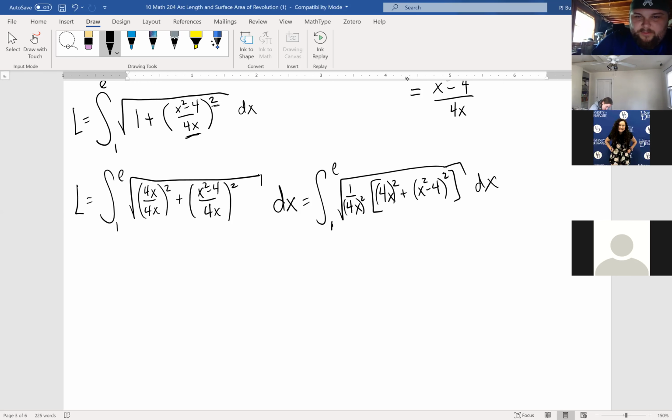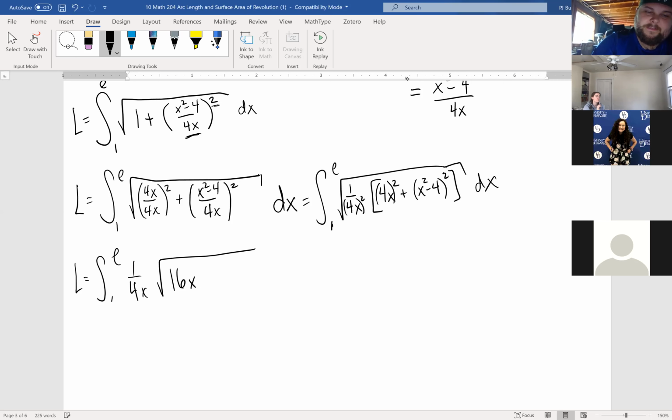Which means the square root of a quantity squared can get pulled out. So I can take out that 4x squared. And it just becomes a 4x outside. And then on the inside, I've got 16x squared. Then I'm going to get x to the 4th minus 8x squared plus 16.